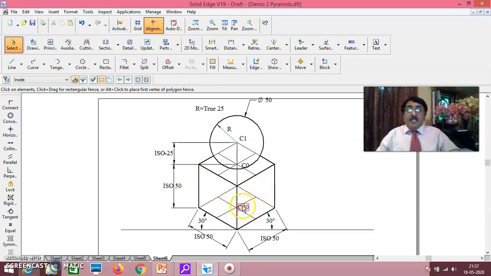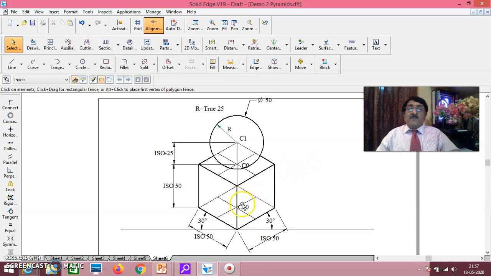Then C naught naught, C naught, C1 is the combined axis of the two solids kept one above the other. This combined axis is parallel to one of these vertical edges. Can you follow? When it is parallel, it has to undergo 0.816 reduction in its original length.